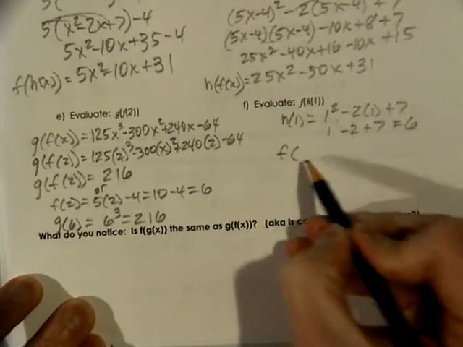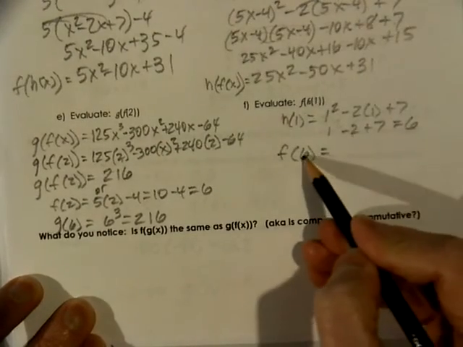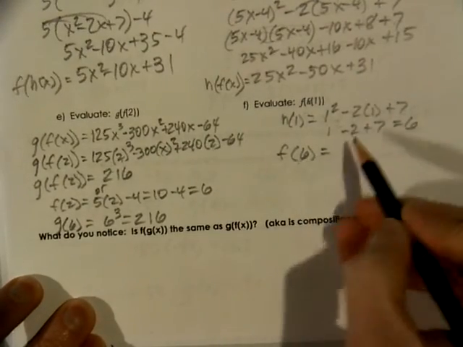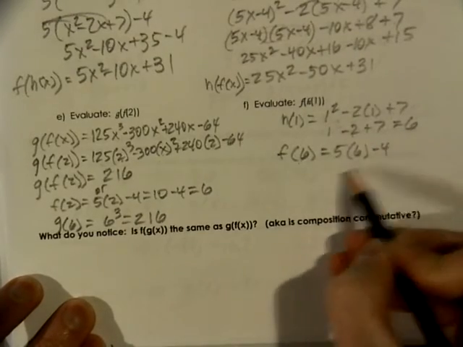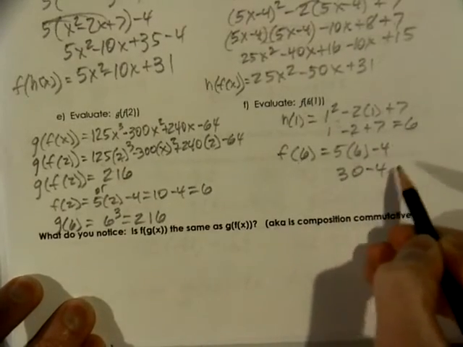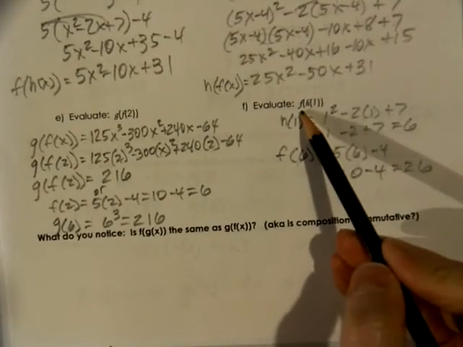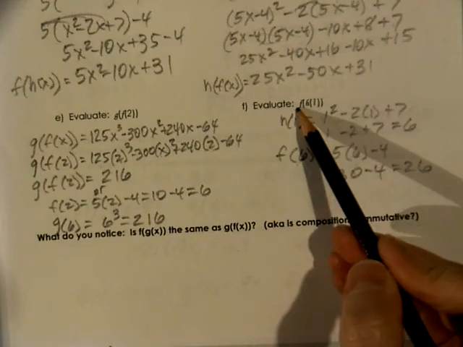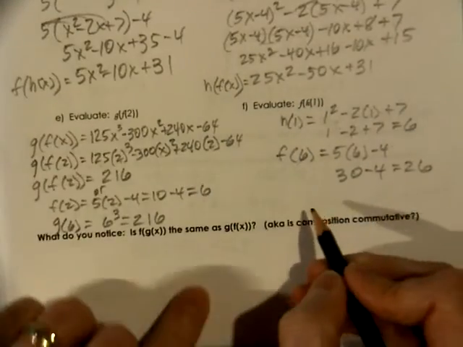Then you take the f function and plug the 6 into the f function, which is 5 times 6 minus 4, which is 30 minus 4, which is 26. And we would get the same result if we took our f of h, which we had here.